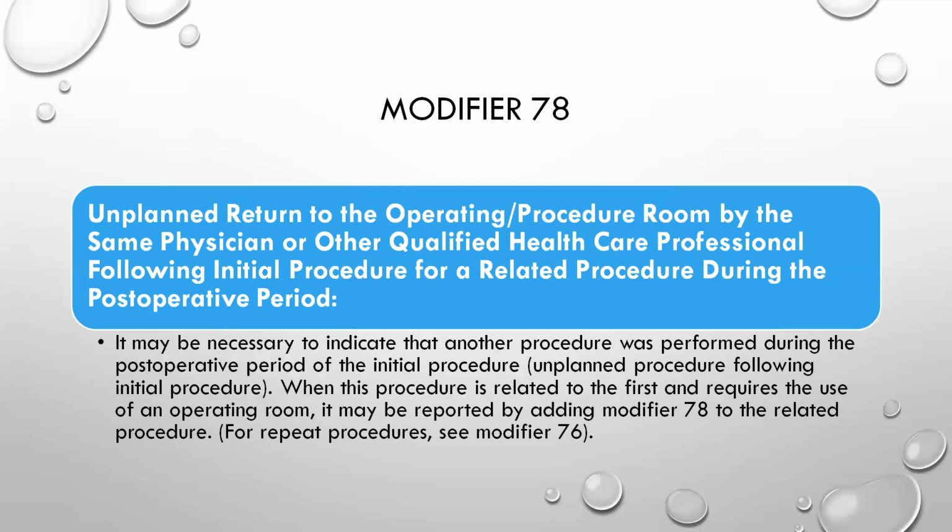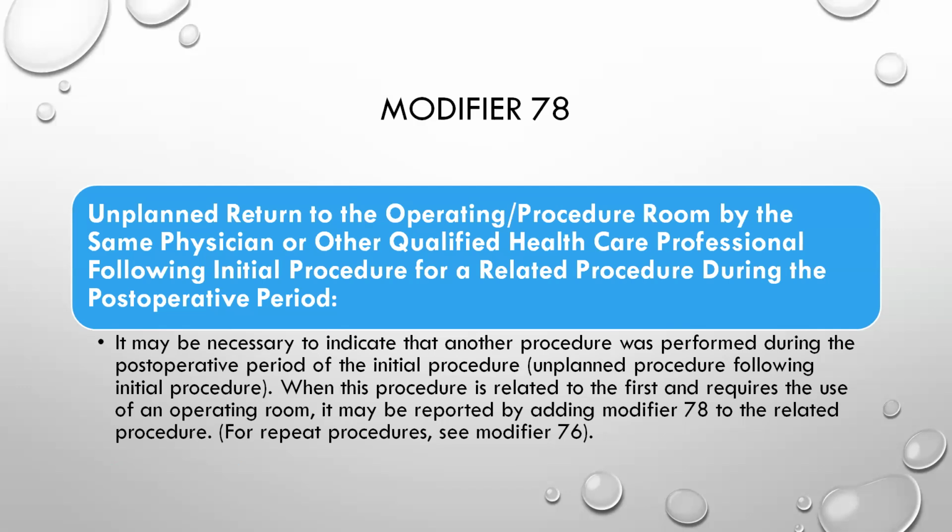So a little bit deeper into the modifier 78. Like I said, this is an unplanned return to the operating room by the same physician or other qualified healthcare professional, but this is related to the procedure during the postoperative period. So the next modifier we'll be looking at is 79, which means it's an unplanned return, but it is unrelated to the previous procedure.